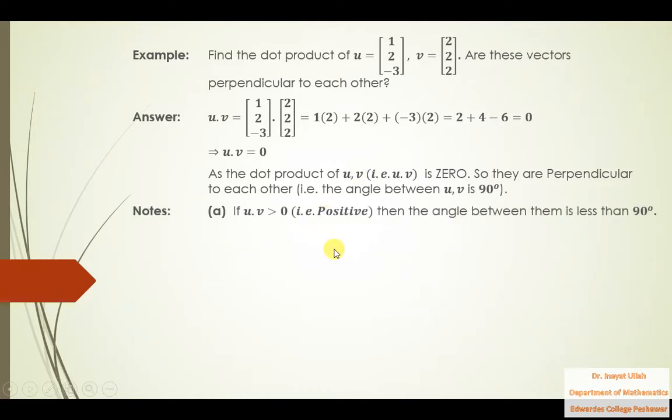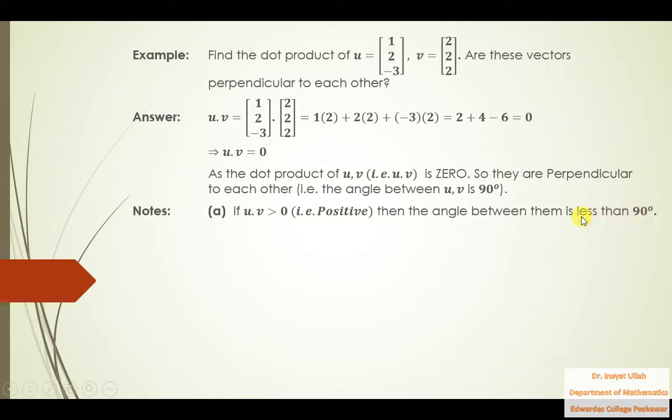Now notes are there, and these notes are for the purpose of MCQs. Don't worry about those things, but MCQs are very important, because there will be 20 marks for you in the MCQ section. So be careful. If the dot product of two vectors is greater than 0, meaning positive, then the angle between these two vectors will be less than 90 degrees.